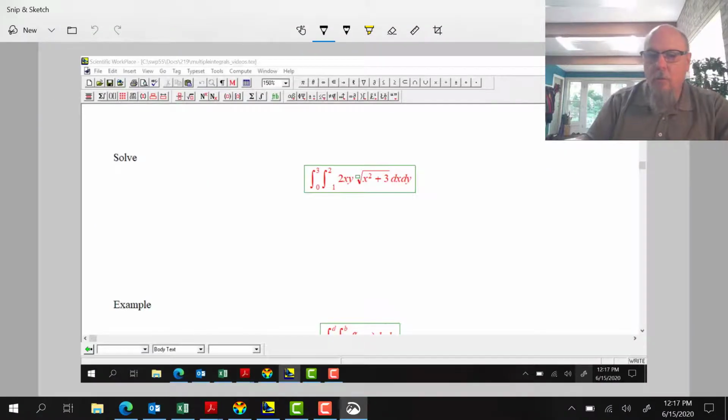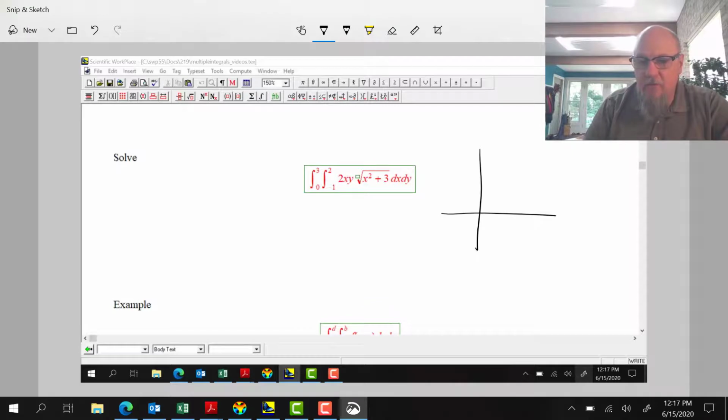Okay, so let's draw the region. x goes from -1 to 2, and y goes from 0 to 3. So this is our region.